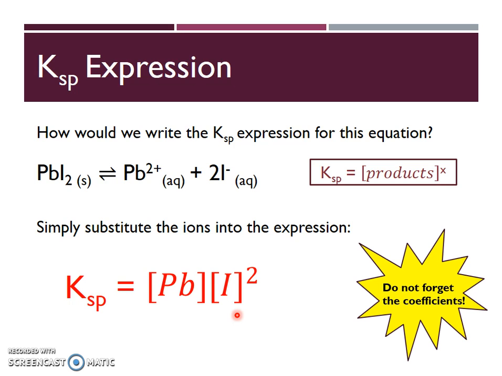So if there are coefficients in front of any of the products, it is necessary to raise the product to that coefficient power. Note that the reactant is not included in the KSP equation, recalling that solids are not included when calculating equilibrium constant expressions because their concentrations don't change the expression and any changes in their concentrations are insignificant and therefore omitted.